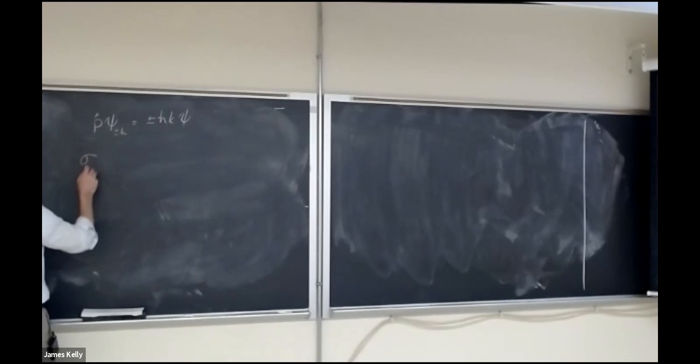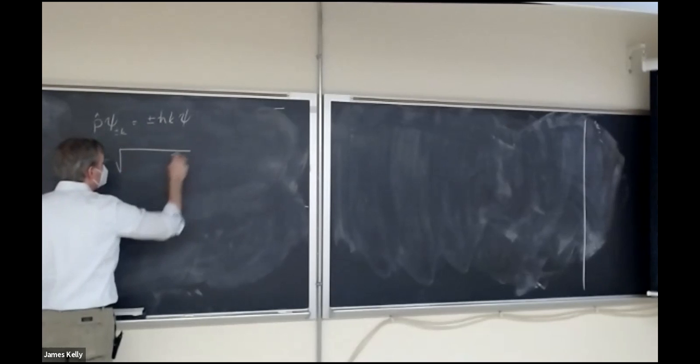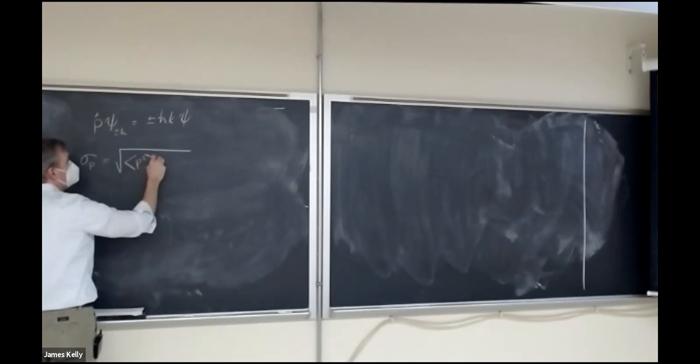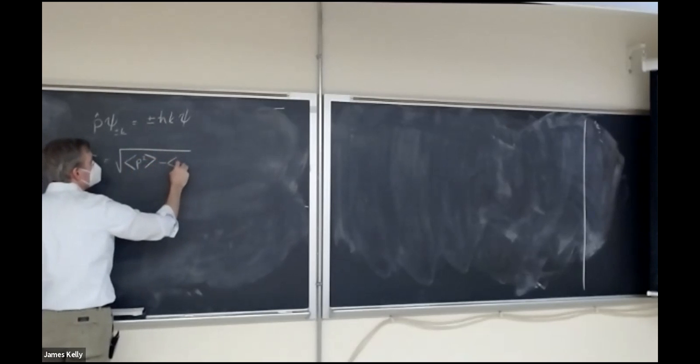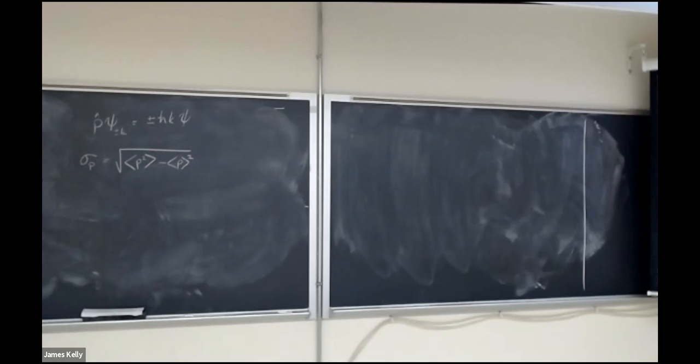Okay, our goal here is to figure out the uncertainty or the standard deviation of the momentum distribution. And the only way we really know how to do that is with expectation values. That's the square root of the expectation value of p squared minus the expectation value of p, squared. Okay, what's the expectation value of p?